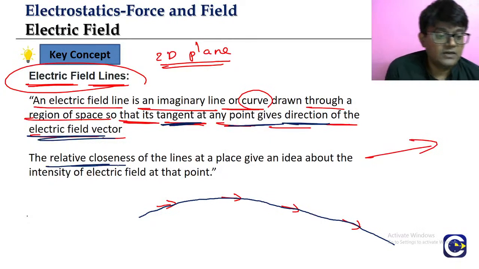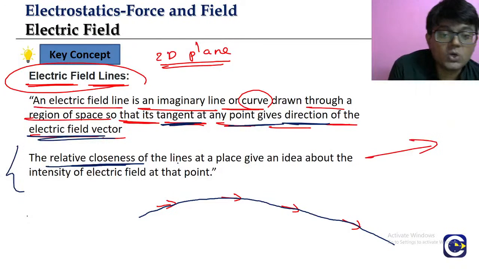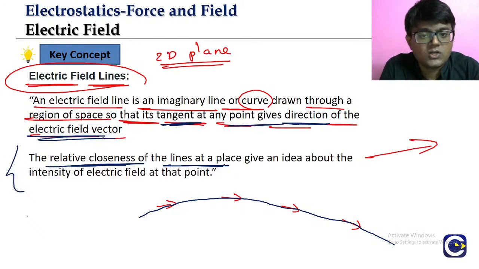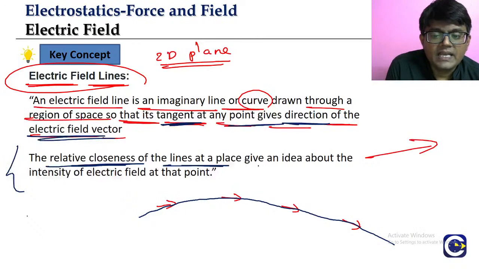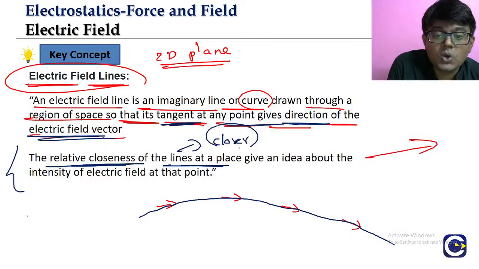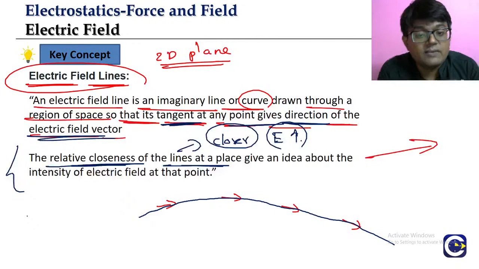How do we know that? Look at this. The relative closeness of the lines. Relative closeness means where the lines are close. So wherever the lines are close, at that place the field will be what? Higher. So when the lines are closer, the electric field strength there will be higher.